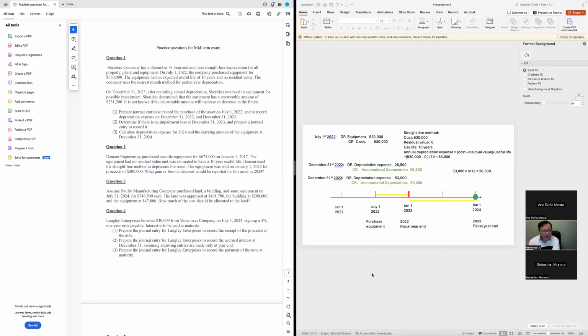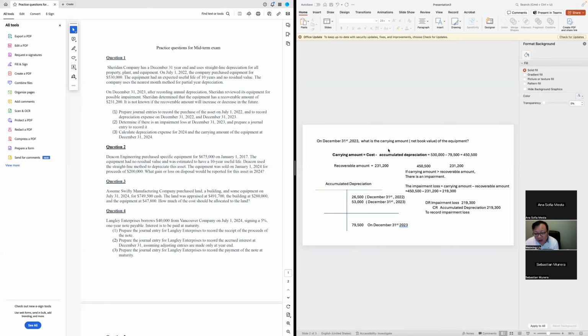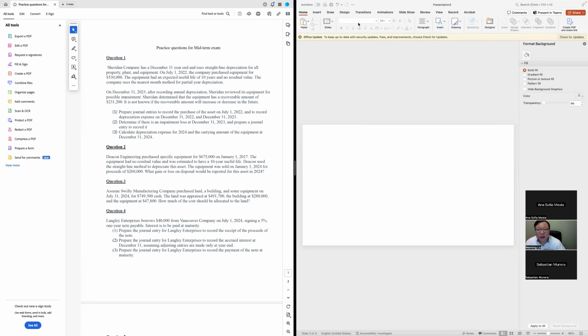Okay, so there is an impairment, right? In 2023, there is an impairment, okay? So that is going to change quite a bit. So what is my carrying amount? Let me do this and see if you understand.